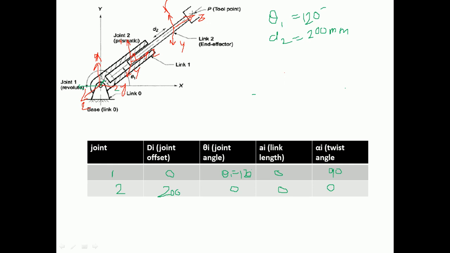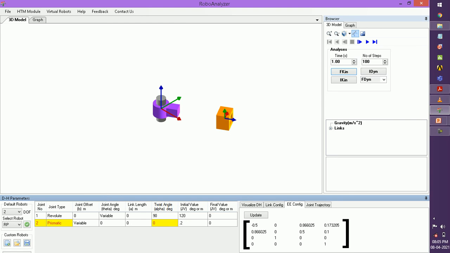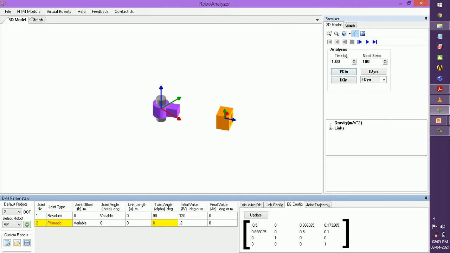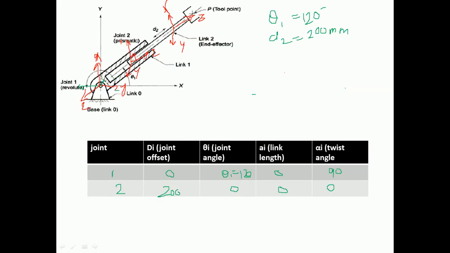So this is the RoboAnalyzer software. Now it asks about different values with the help of which it is going to provide you the end effector configuration. The joint offset value which we found is 0, so we put 0. The next value is joint angle.